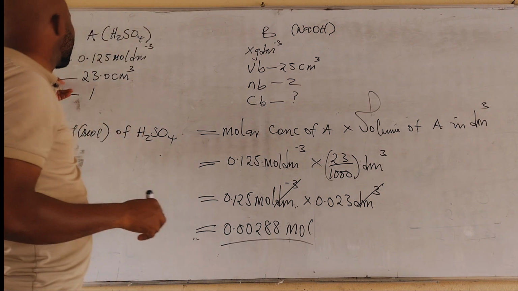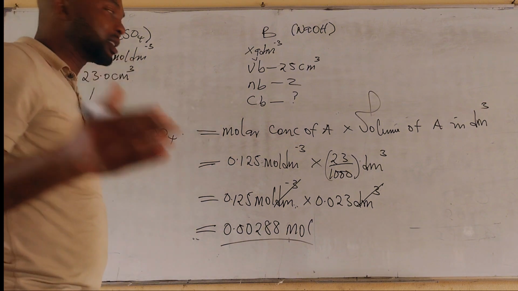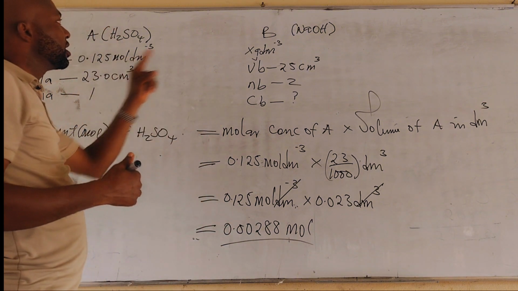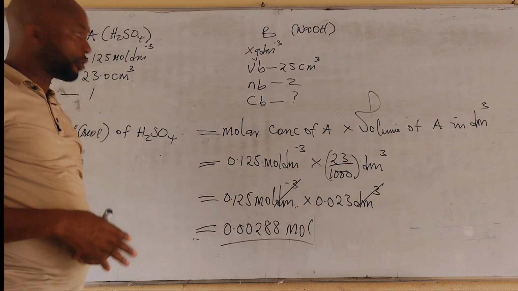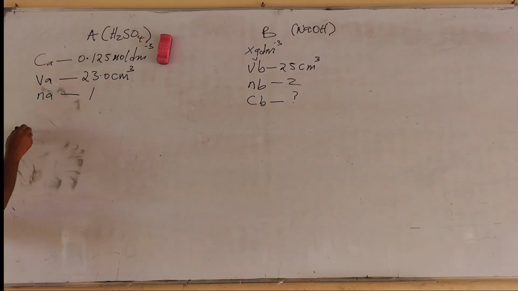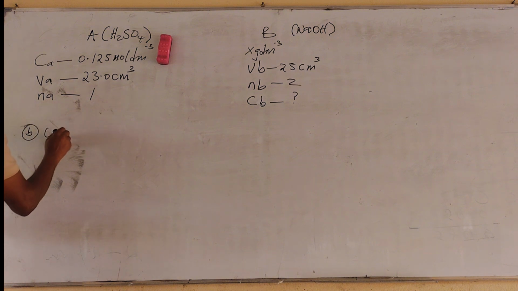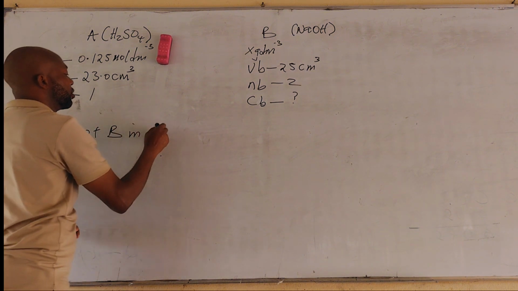That would be what we're going to make the subject of formula. The volume of the acid is there, volume of the base is there, number of moles of acid, number of moles of base, which means the best formula to use in getting the concentration of the base is the CAVA formula. So let's see how we go about that. Concentration of B in mole per dm cube.